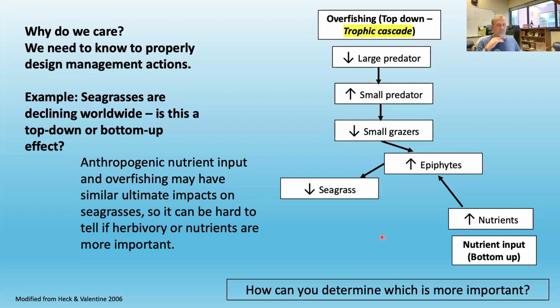But these trophic relationships, as I've alluded to, are complex, and oftentimes you have both top-down and bottom-up interactions occurring. They aren't necessarily the same depending on what community you're talking about. And so ultimately, the impacts, say for instance on seagrasses, it can be hard to tell what is the more important thing that's there, right?